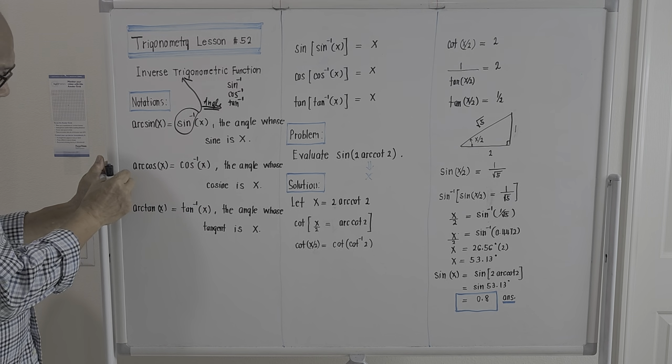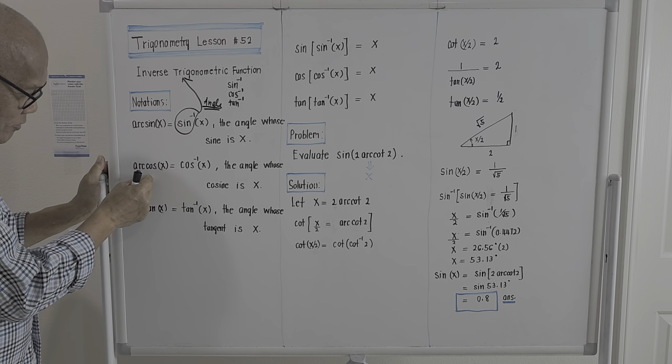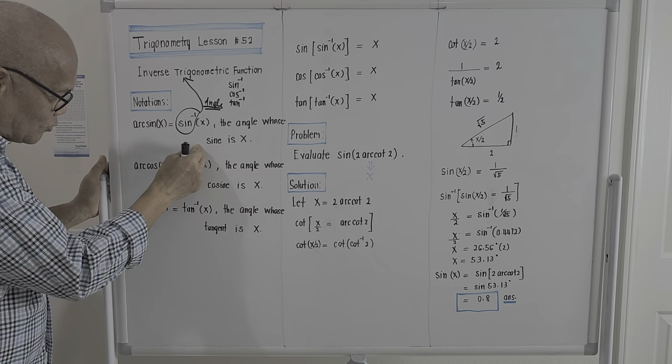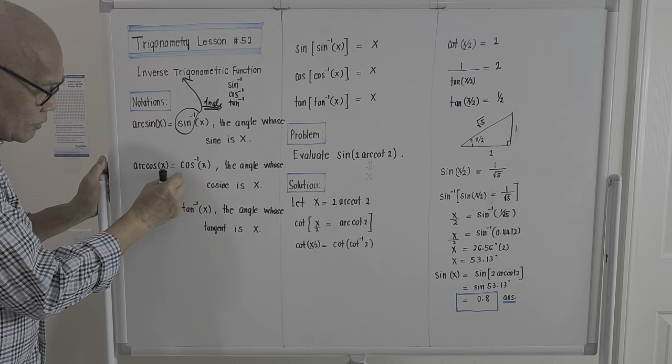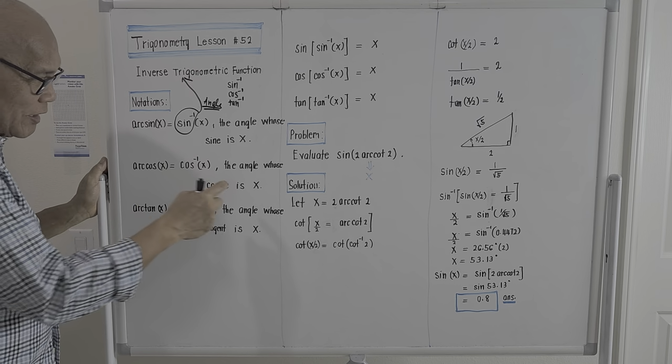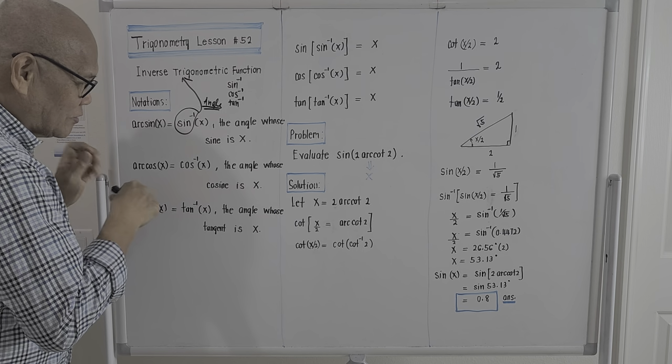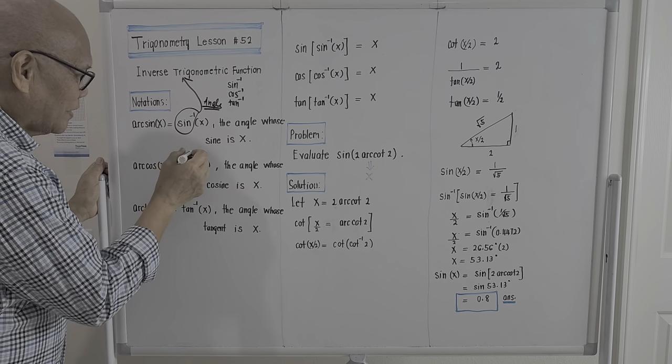Similarly, arc cosine of x can be written as cosine to the -1 of x. If we try to read this one, it is the angle whose cosine value is x. So this is also an angle.